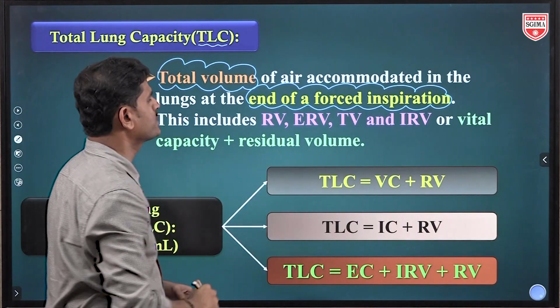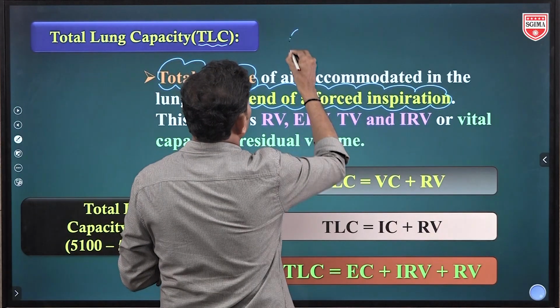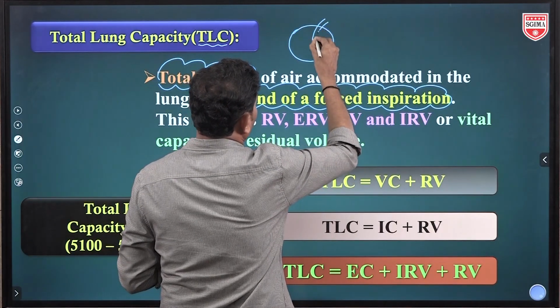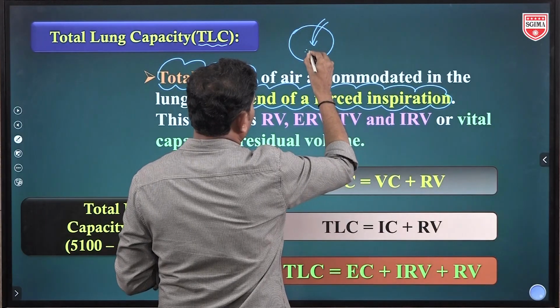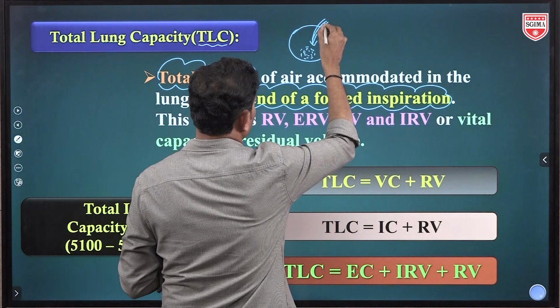So if we draw the diagram, it is the maximum volume of air accommodated at the end of forced inspiration. This is a forced inspiration process.